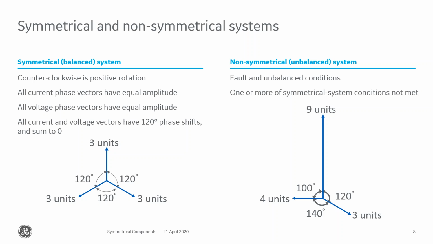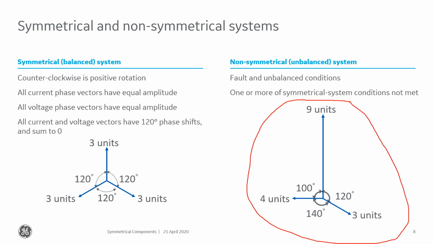So if I took that non-symmetrical system that I show here and applied it to my system as the voltages, calculation of the currents is going to be much more complicated. And in fact, I'm going to have some currents that are probably going to be flowing into the neutral.